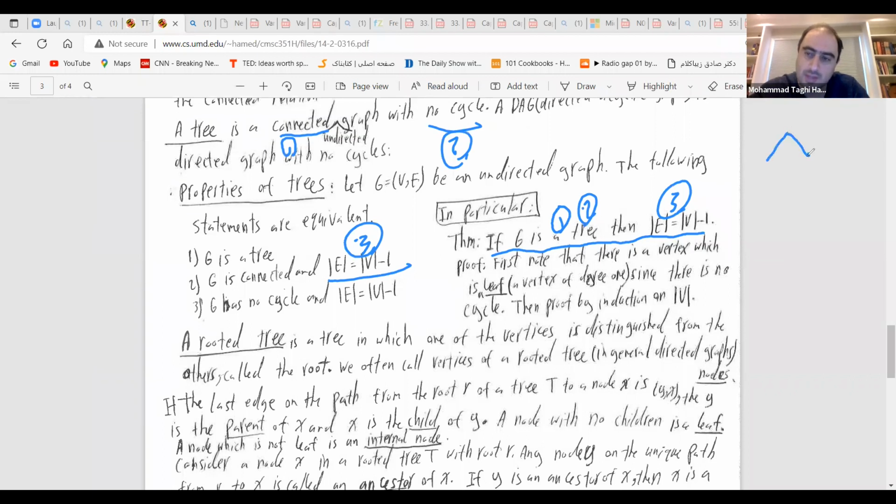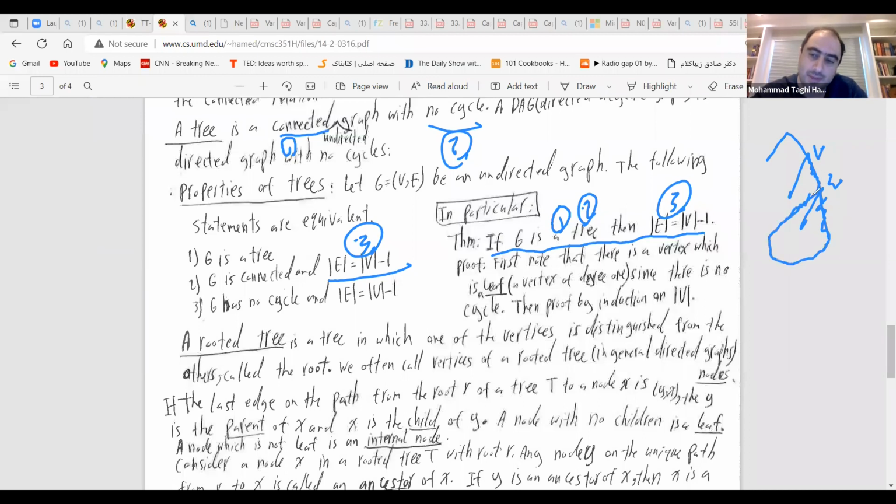So how do we prove it? Consider a tree. Start from one vertex, V. Then go to any adjacent vertex here. From V, you may go to W. Then from W, find any adjacent vertex other than the one that you came from, maybe this guy. This graph is connected and there is no cycle. It means that you cannot come back to any vertex that you have seen before.